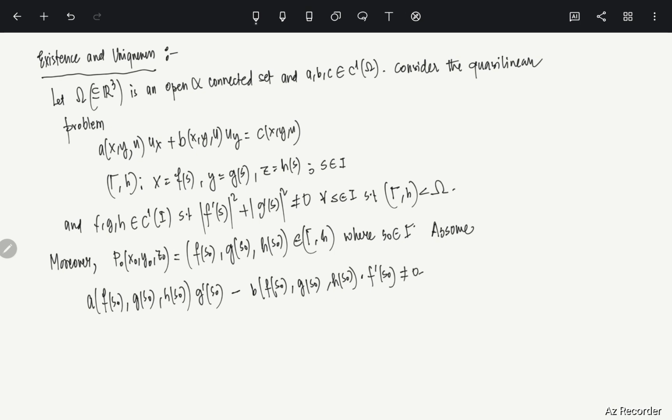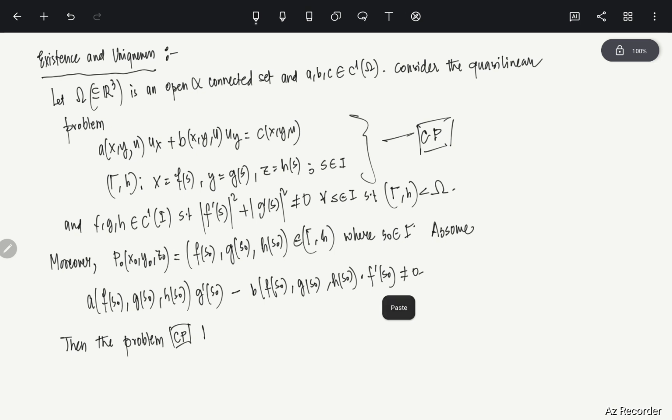Is it okay? Then the conclusion says that the problem which we are studying here, let's call it the Cauchy problem, CP, has a solution which is defined on a neighborhood, NBD, of x naught, y naught, which is a part of the initial data gamma.